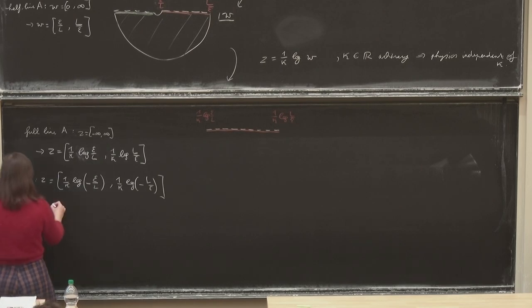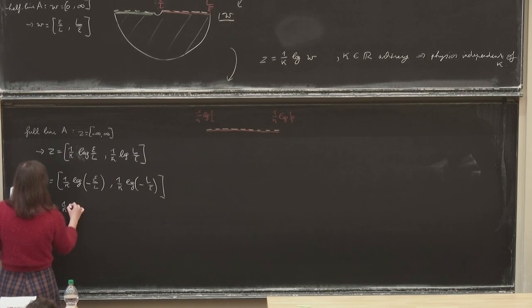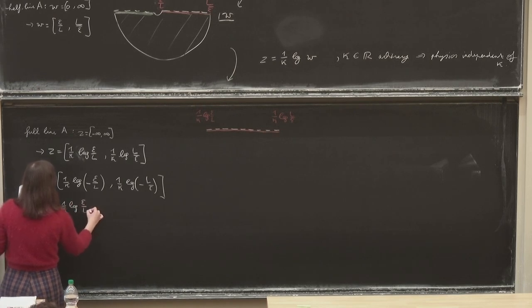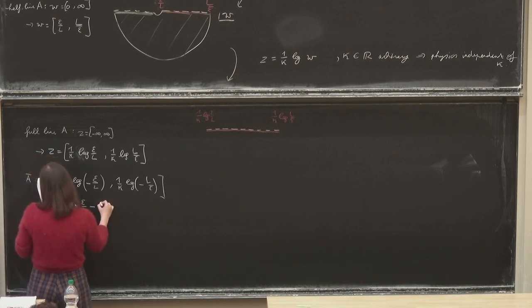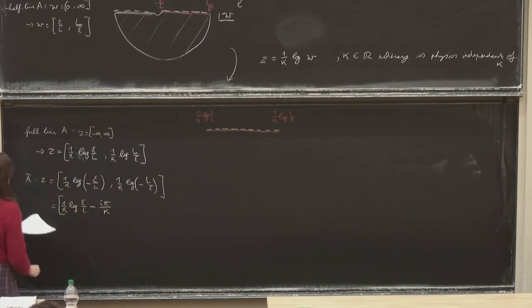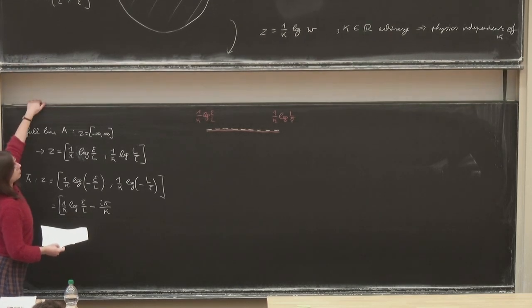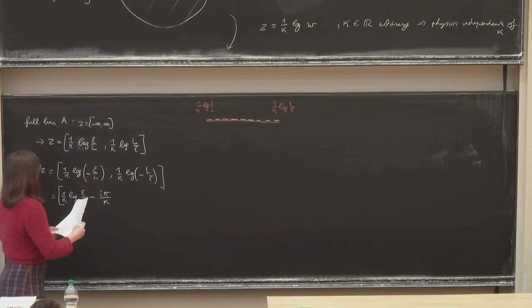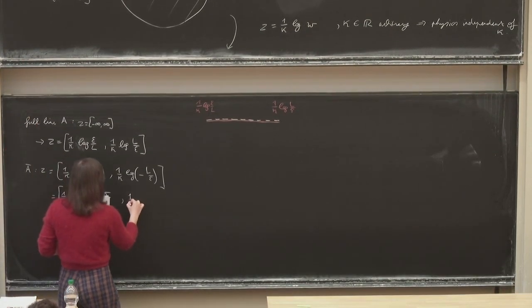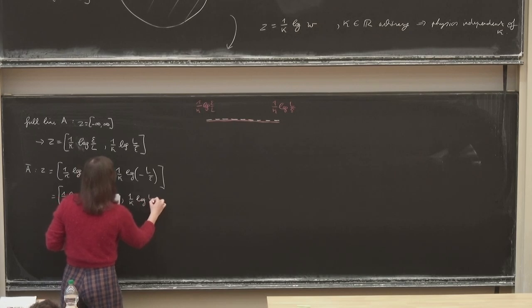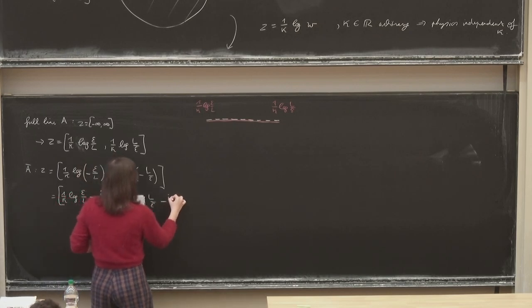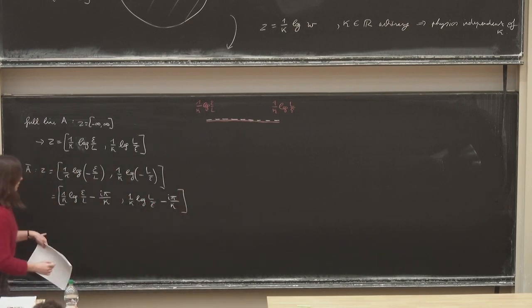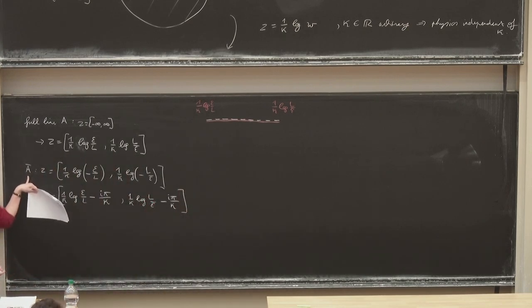Then I have that this is 1 over kappa log epsilon over L minus i pi over kappa for the beginning of region A bar. And I have here 1 over kappa log L over epsilon minus i pi over kappa for the endpoint of region A bar, okay?